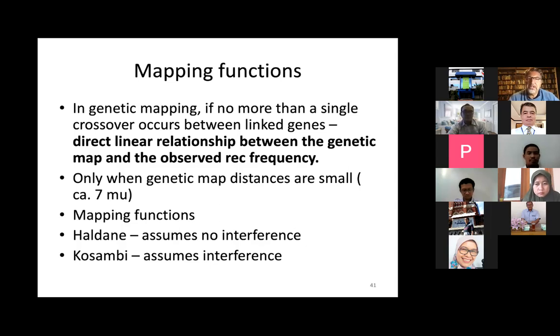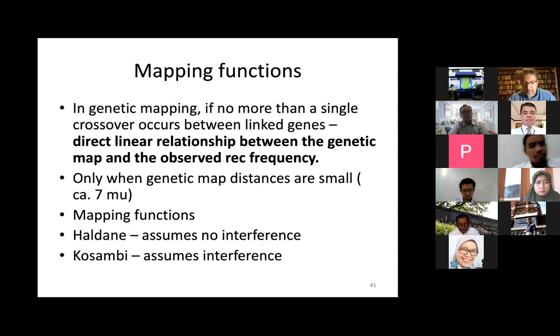Only when the net genetic map distances are small, for example around 7 map units, or some people consider less than 10 map units, then you have equivalence between recombination frequency and crossover frequency or map units.